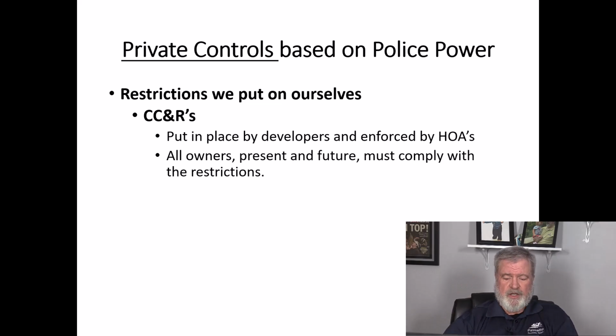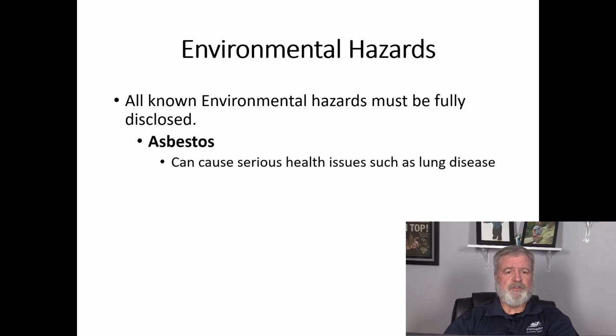All righty. So now let's talk about some potential environmental hazards. First of all, the first type is called asbestos. Most of these, if not all of these we're going to talk about, I'm pretty sure you've heard of them.